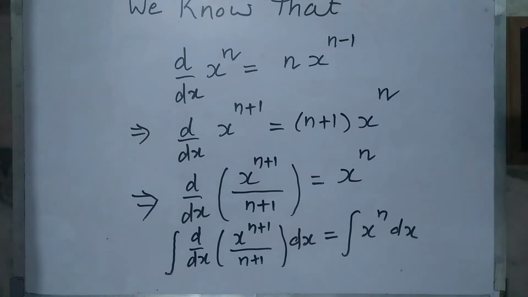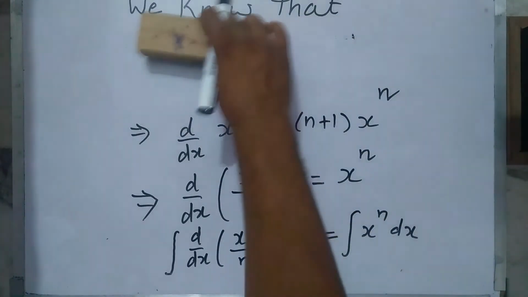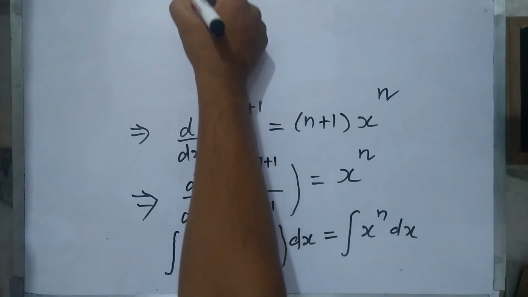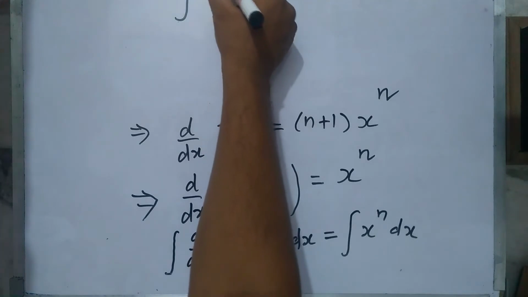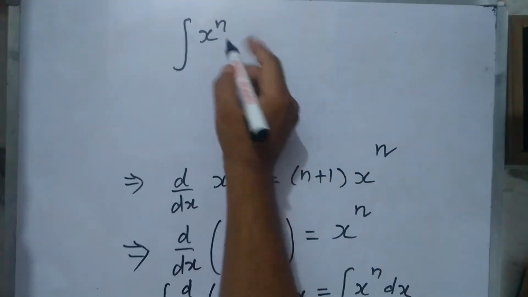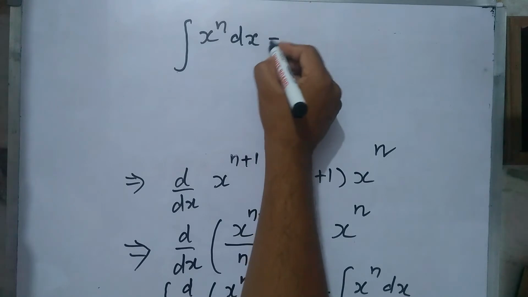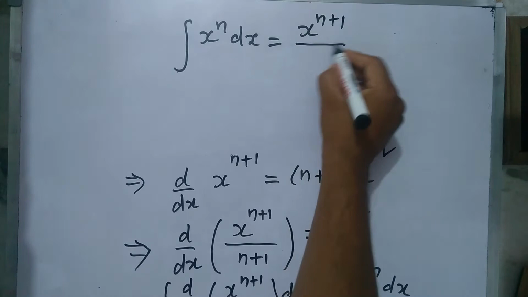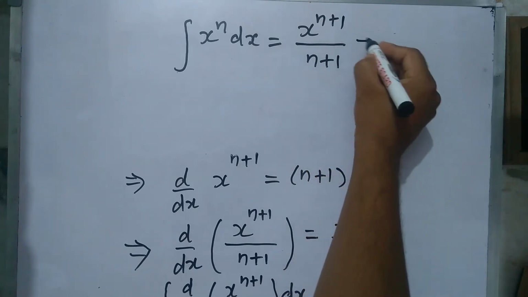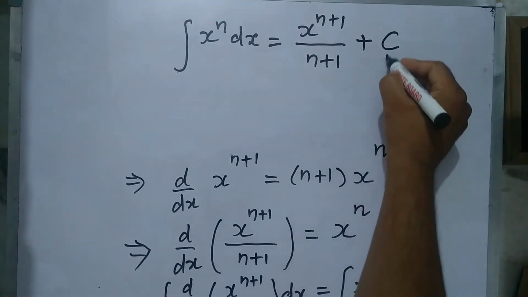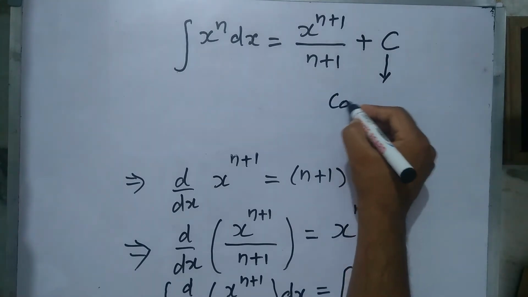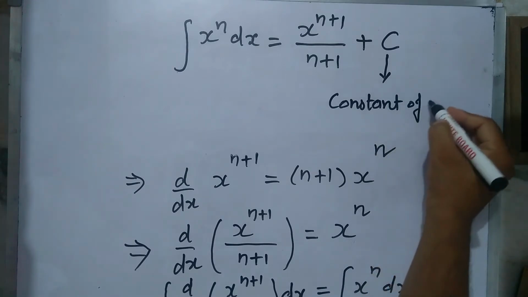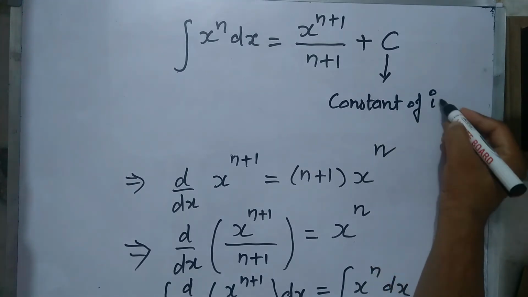The result is integral of x raised to power n dx is equal to x power n plus 1 upon n plus 1 plus c. This c is called constant of integration.